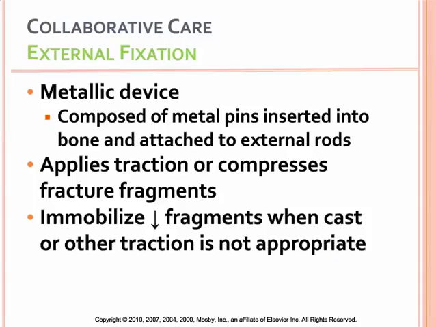External fixation is a metallic device composed of metal pins inserted into the bone and attached to external rods. It applies traction or compresses fracture fragments, and it immobilizes the lower fragments when a cast or other traction is not appropriate. And it closely resembles an erector set.